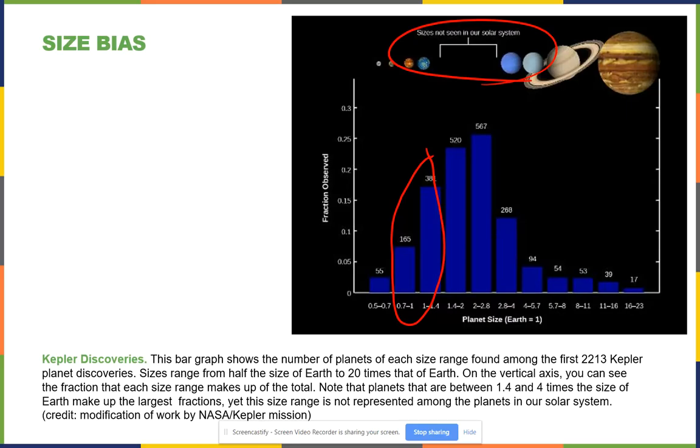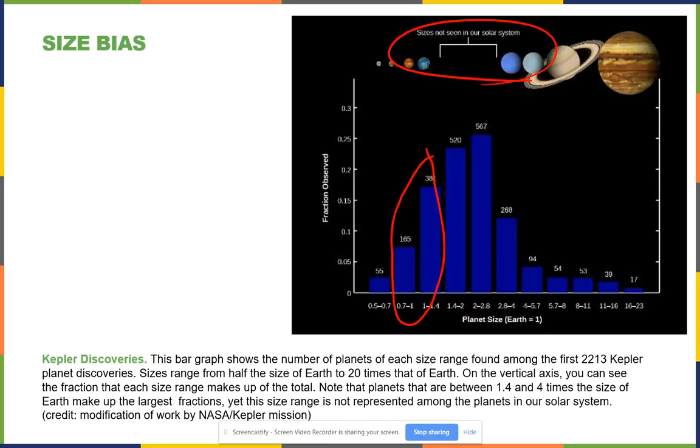Now let me point out one thing. With our detection method, what size star or planets are easiest to find? The larger ones. So you expect a natural overemphasis on the large ones.